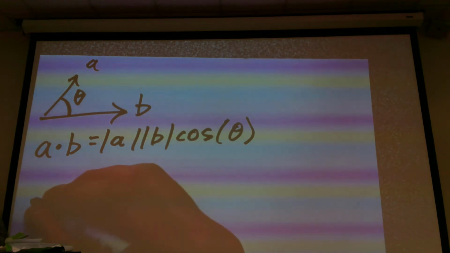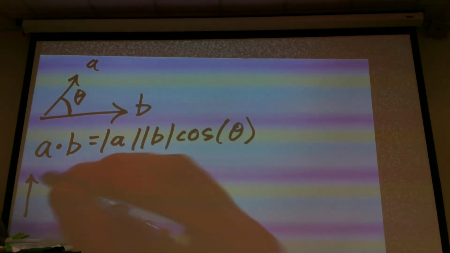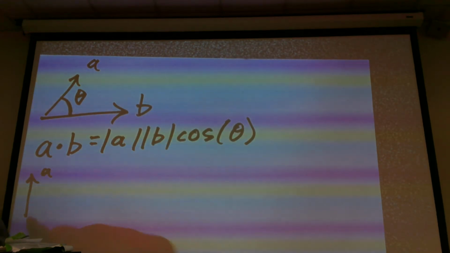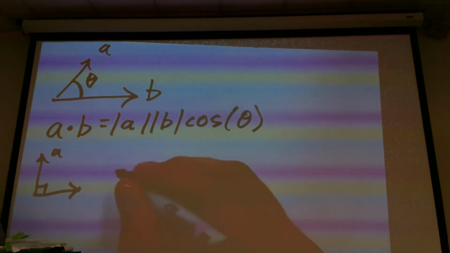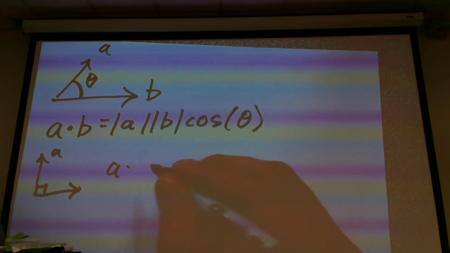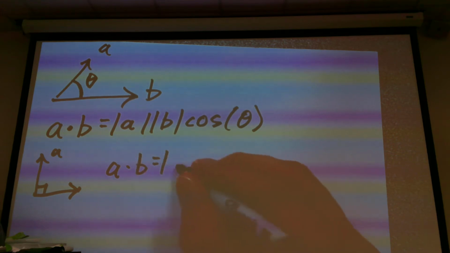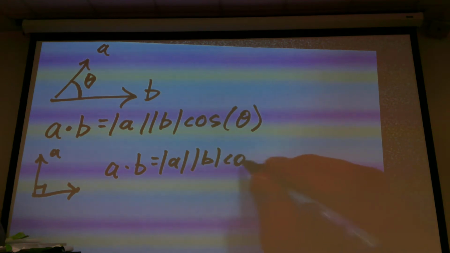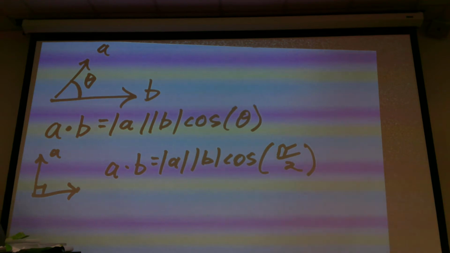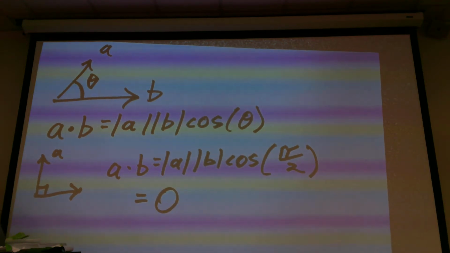If we have two vectors that are perpendicular to each other, then A dot B would equal the magnitude of A times the magnitude of B times cosine of pi over 2, which would equal 0.